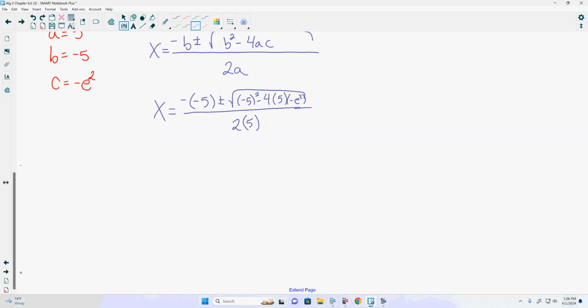Questions on how we got those? So even though one of the numbers doesn't look like a number, our negative e squared, it still holds true. Now we could simplify some of this, our negative 5, our 2 times 5.